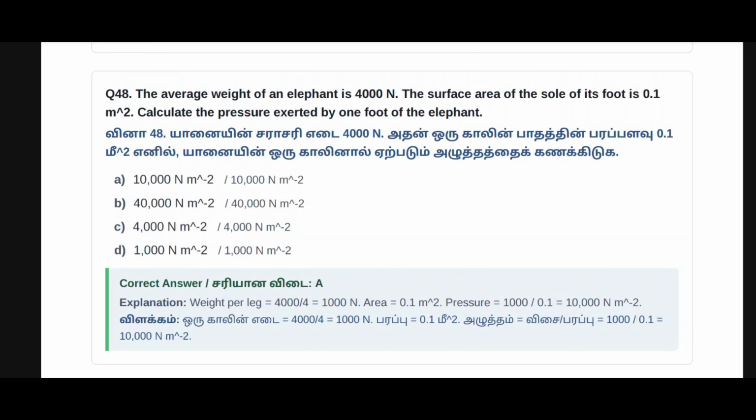The average weight of an elephant is 4,000 Newton. The surface area of the sole of its foot is 0.1 m squared.